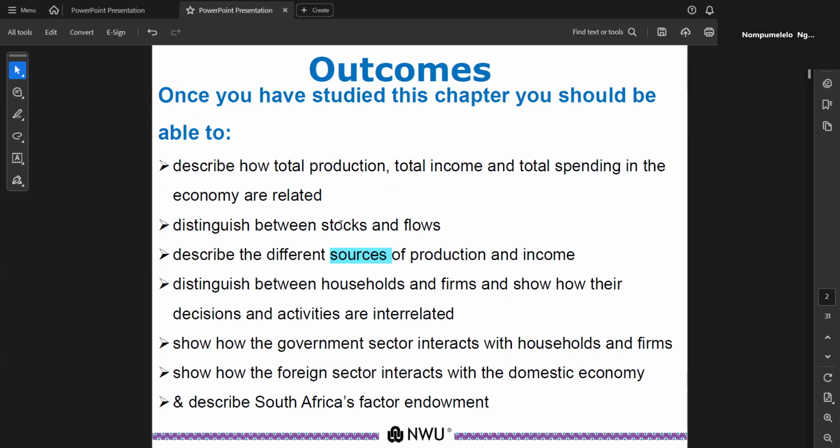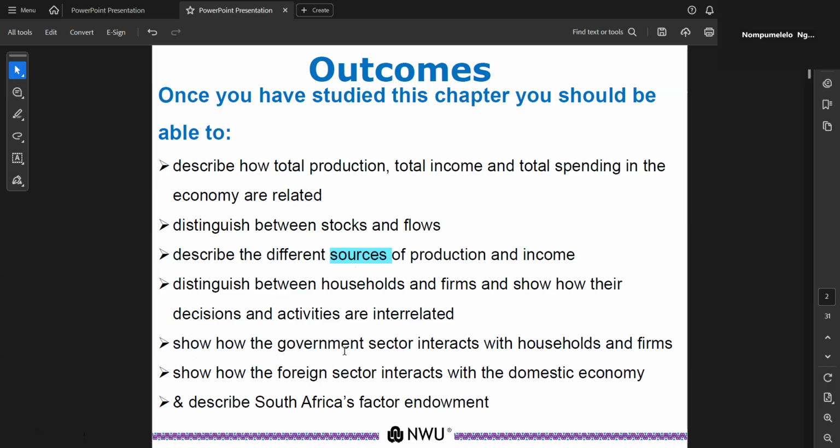These are the learning outcomes. You must be able to describe how total income, total production, and total spending in the economy are related, distinguish between stocks and flows, describe the different sources of production and income, distinguish between households and firms, and show how their decisions and activities are interrelated.